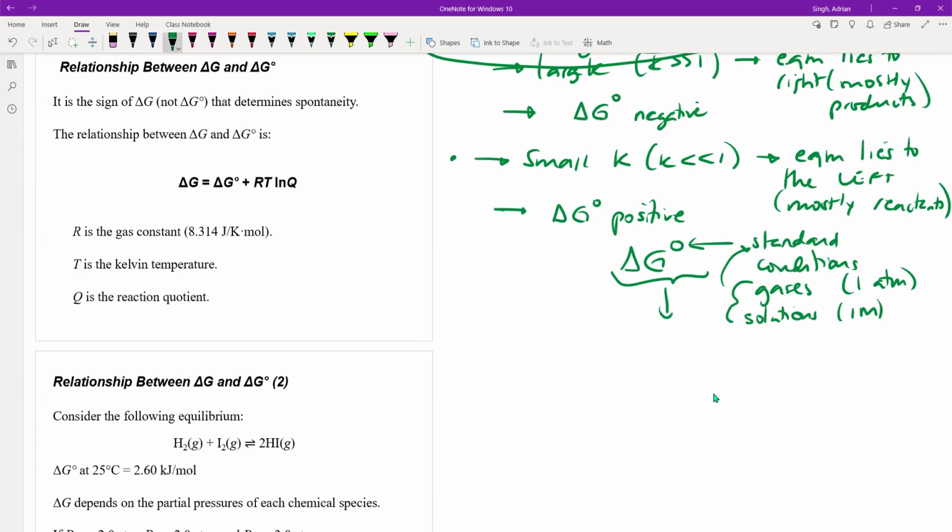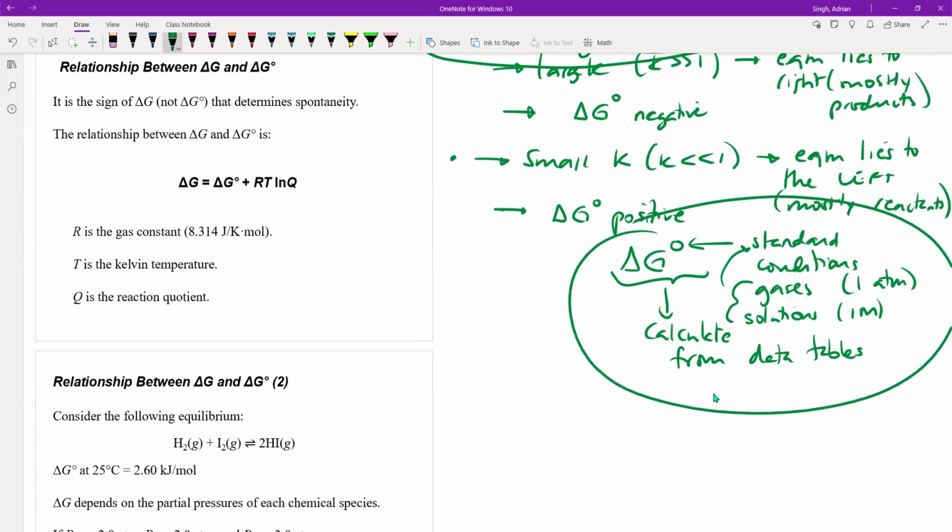However, we can calculate these, like we've done previously. We calculate the delta G standard values from data in our tables that we can look up. But this doesn't really highlight the delta G under real life circumstances. So for example, if you actually perform a reaction in the lab, are you working under standard conditions?